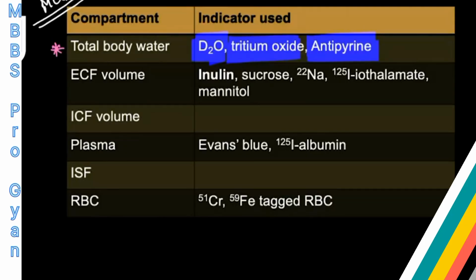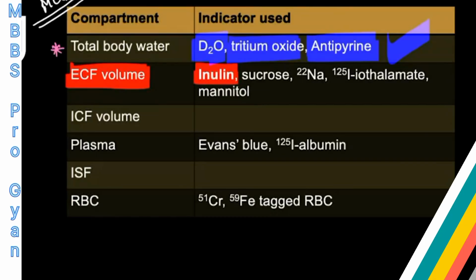So these three substances are freely permeable to capillary as well as freely permeable to cell membrane. That's why they will be distributed in the whole body water, total body water. But look, if you want to measure only the ECF volume, I have already discussed inulin.